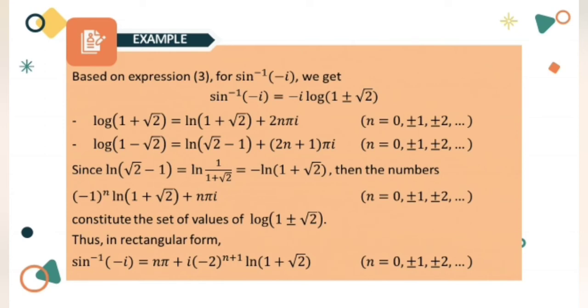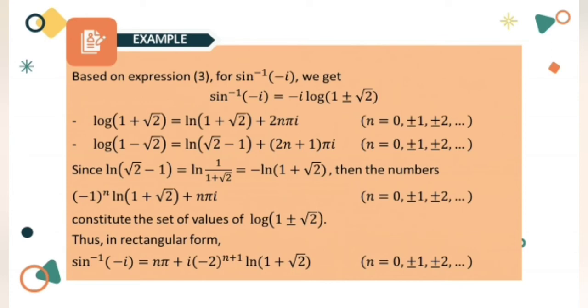Second, log of 1 minus square root 2 equals ln of square root 2 minus 1 plus (2n plus 1) pi i, where n equals 0, plus minus 1, plus minus 2, and so on.